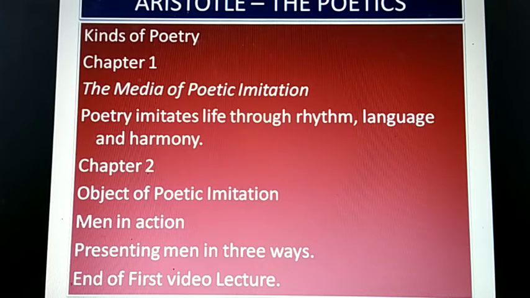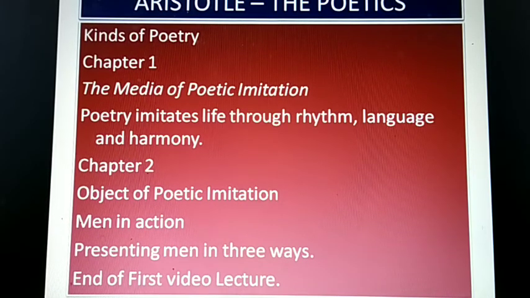The nature of writing in verse makes a poet. According to Aristotle, both Homer and Empedocles are considered poets because they write in verse. But Homer is a poet, whereas Empedocles is a natural philosopher.